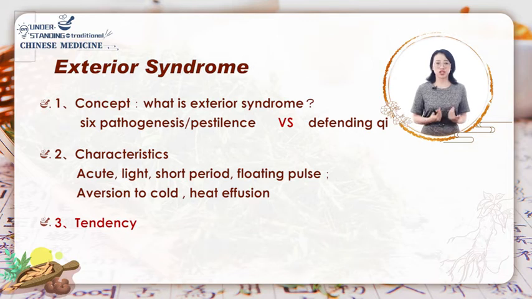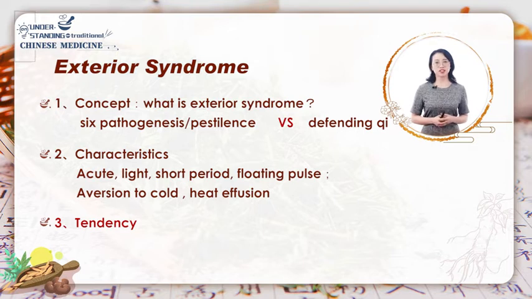The lung guards the skin and body hair. So when the pathogenic factor invades the skin, it affects the lung, with the lung failing to diffuse. So coughing or panting appears, and the body hair and skin change. Because the pathogenic factor has not been transmitted inward yet, the tongue manifestation is normal.